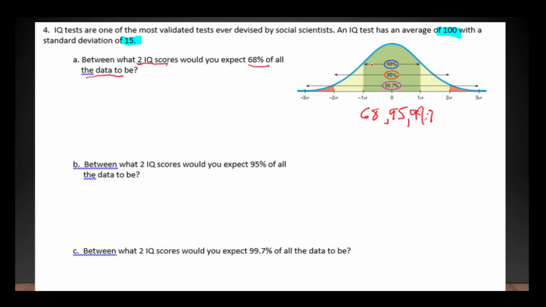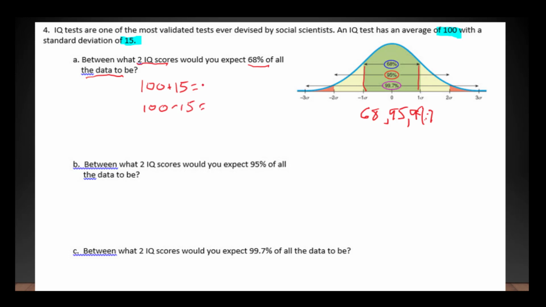The 68% rule is one standard deviation, or all the data between positive 1z and negative 1z. And a z just stands for a standard deviation. So we have the average plus one standard deviation, and then we have the average minus 1 standard deviation.